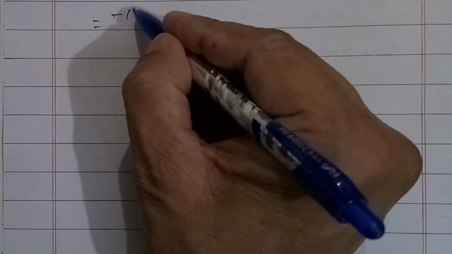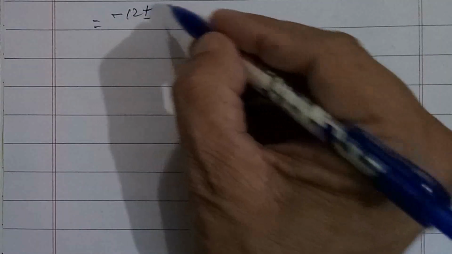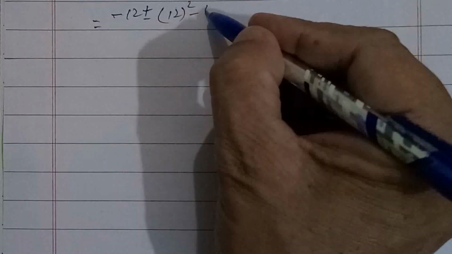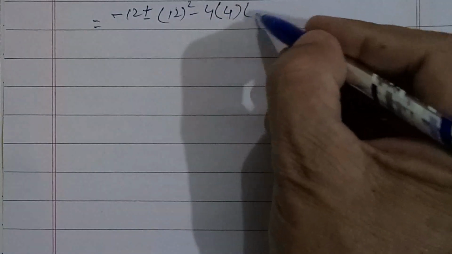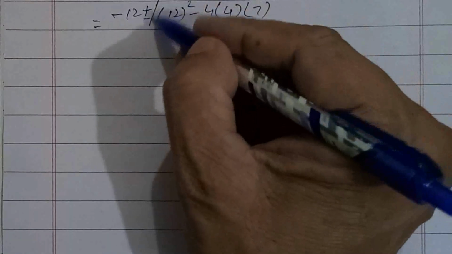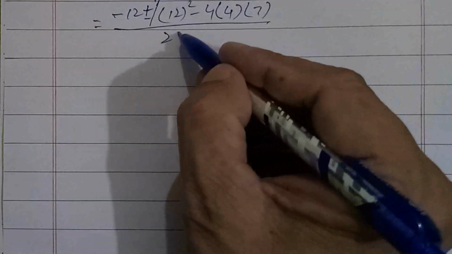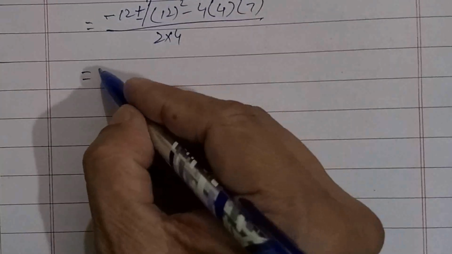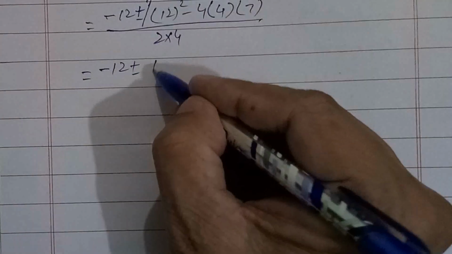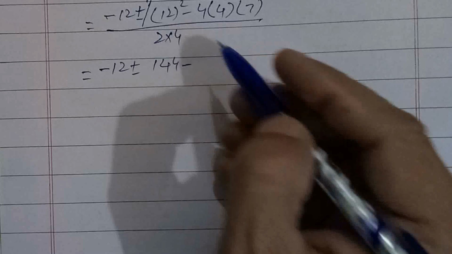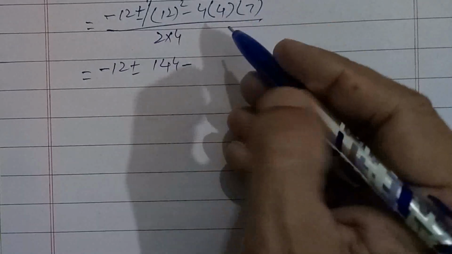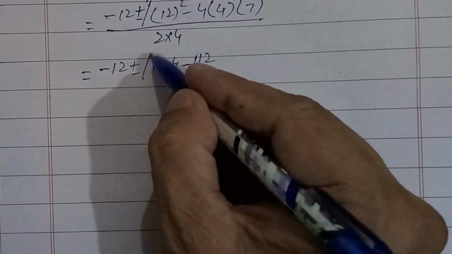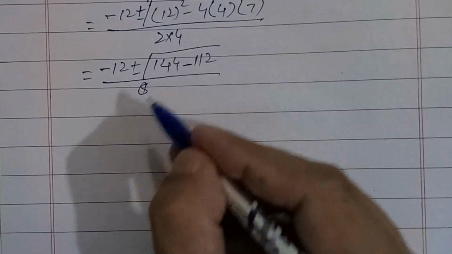And we put the values of a, b and c in the formula, we get minus 12 plus minus square root of 12 square minus 4 into a is 4, c is 7, over 2 into 4. Now simplify these values, we get minus 12 plus minus square root of 144 minus 4 4s are 16, 16 7s are 112, over 8.